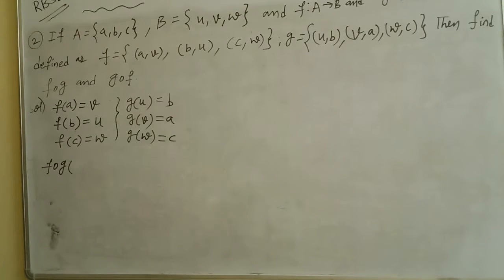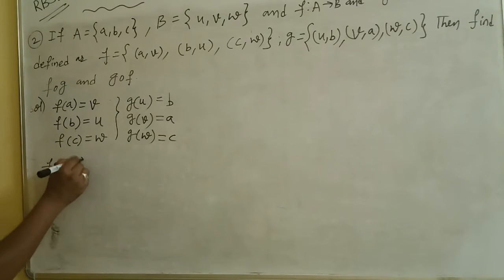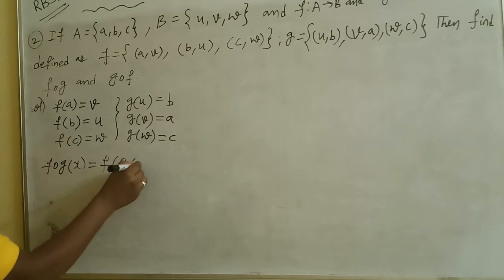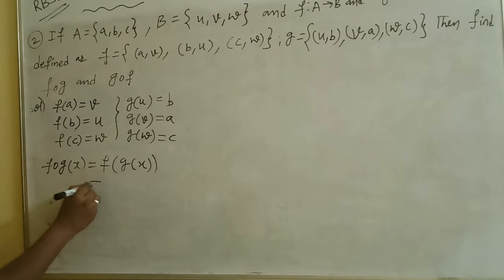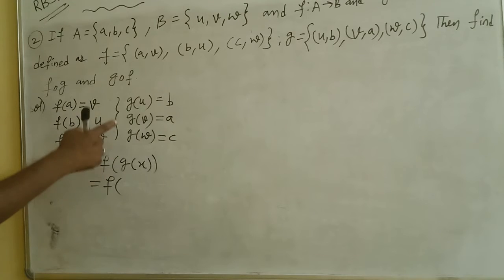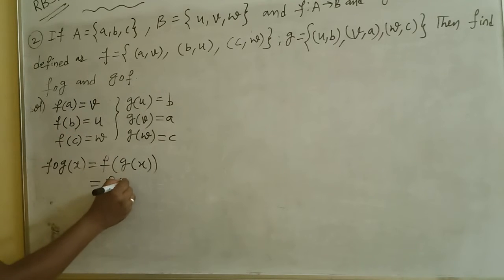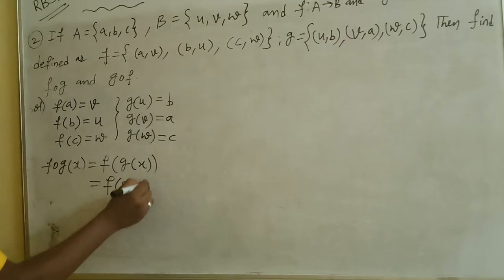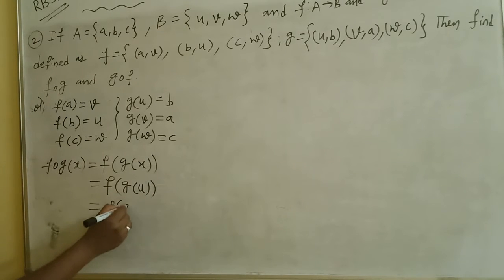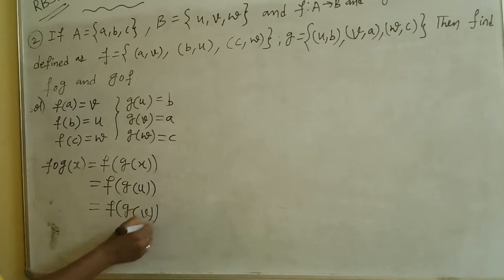So now first let me go for F circle G. F circle G of x is equal to F of G of x. So here F of G of u, v, w is there. So first you can write G of u. Same method, now another one, F of G of v.